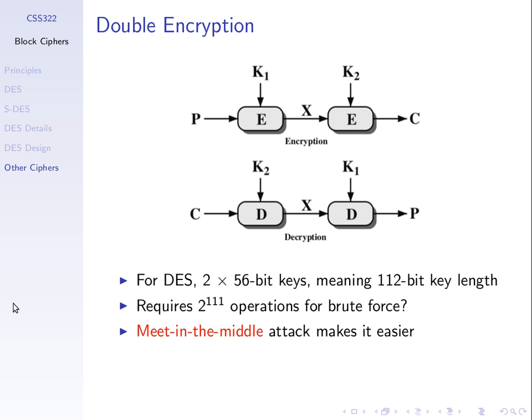This is the illustration of the double DES. Take some plain text, encrypt with a DES algorithm with key K1. We get some intermediate output, X. Take that output and encrypt that with the same algorithm, but we're using a different key, key K2, and we get our ciphertext. That's this one. In fact, it's not just for DES.